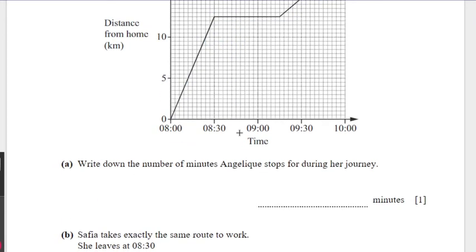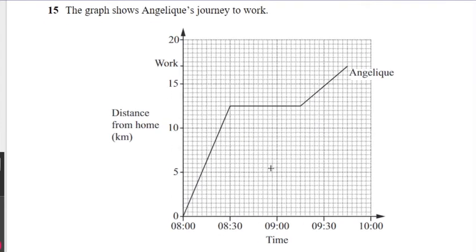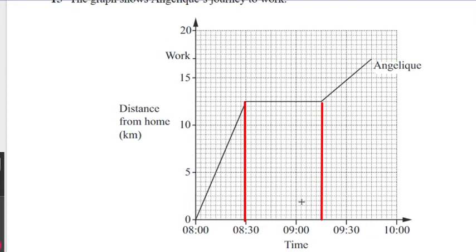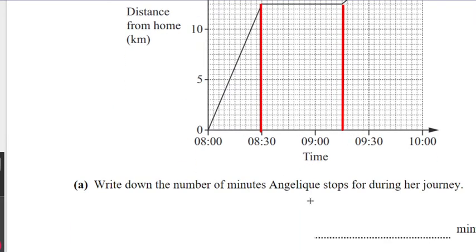Write down the number of minutes Angelique stops for during her journey. So she stops here, and we need to find how long she stopped. This is from 8:30 to, what is this? 9:15, isn't it? Because this one is exactly at the center, so 9:15. So you write 9:15 minus 8:30.